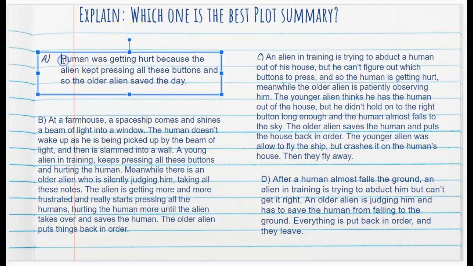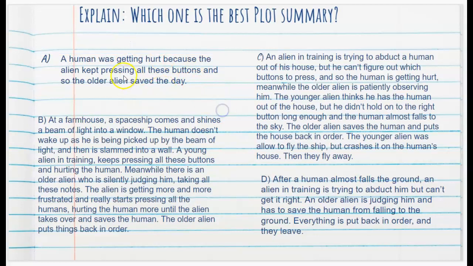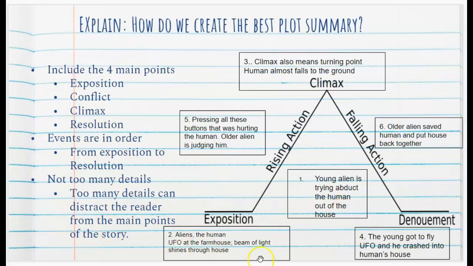A human was getting hurt because the alien kept pressing all these buttons, and so the older alien saved the day. Well, let's look at our plot diagram. Obviously something is missing. We do have the beginning missing. We do have the climax missing, and we do have the resolution missing.